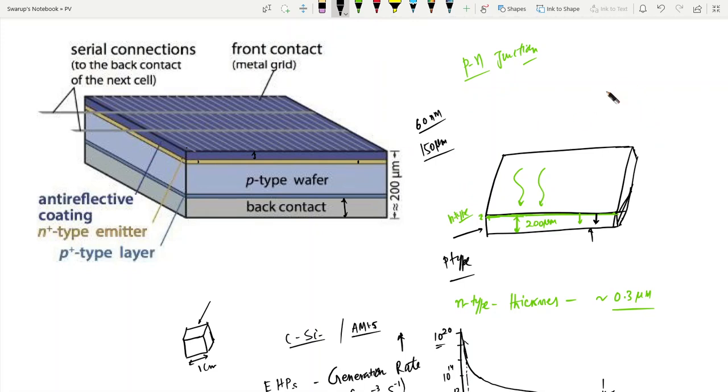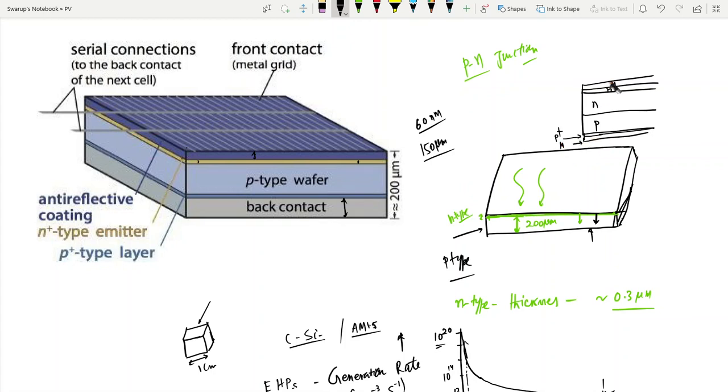So let's try to understand this once. We have N, P, and before the metal we make this layer N plus, okay? So N plus is here, and then we have the metal. Similarly for the P-type, we make one P plus here, and then we put the metal contact.